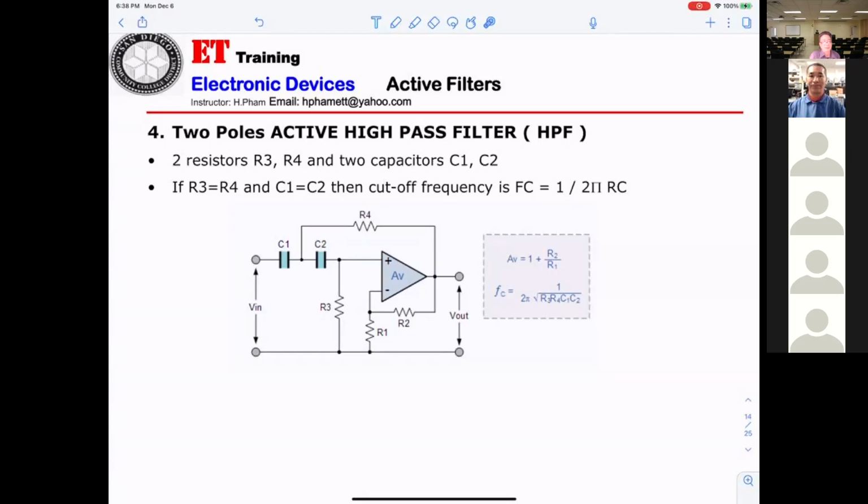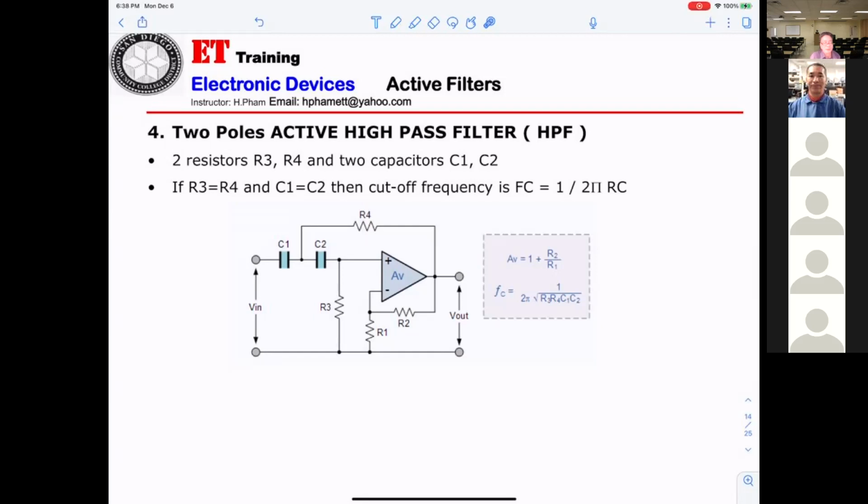Since you have one resistor, one capacitor for one pole, two resistors, two capacitors for two poles, does R3 go with C1 and R4 go with C2? Or is it the opposite? What do you mean, which goes with which? You can use either, they don't care which one goes with what.